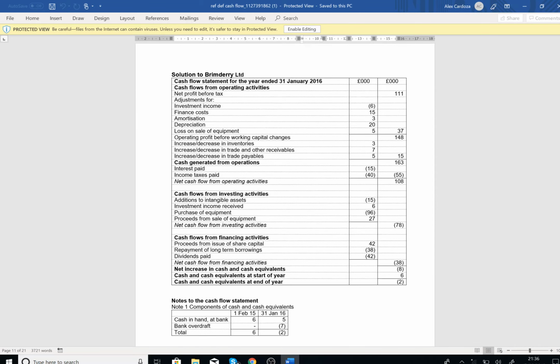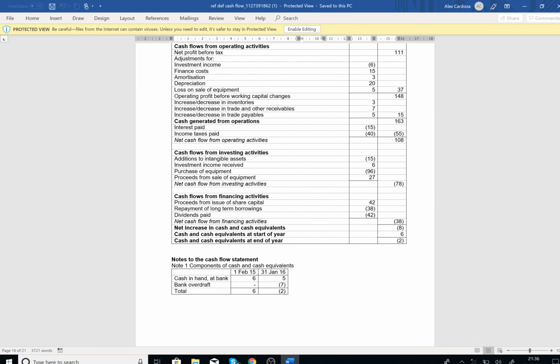And remember, this is all to do with your cash amounts. Everything's to do with cash. You're always looking at the amount of cash that has come in and out of your business. So here you just sum up, as you have done each time, from each activity, and then you work it out at the bottom, and you've got net increase in cash and cash equivalents.